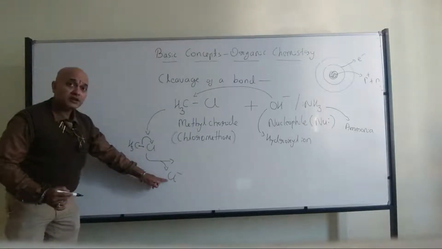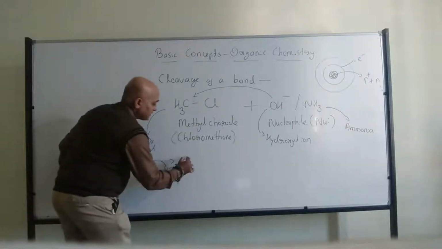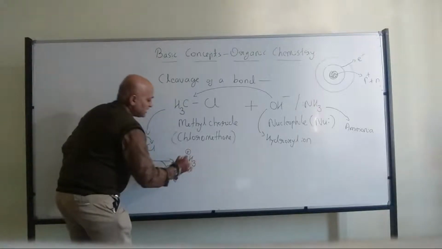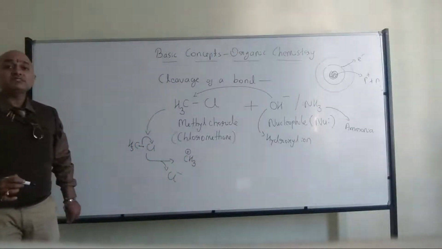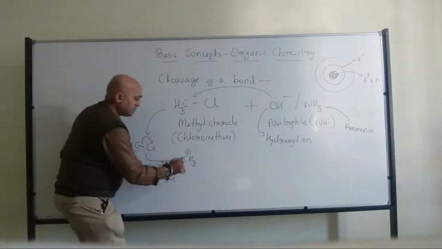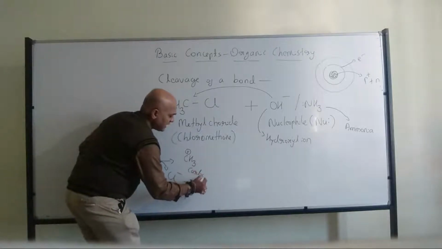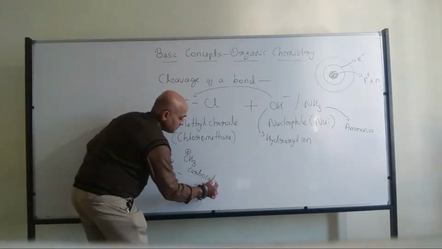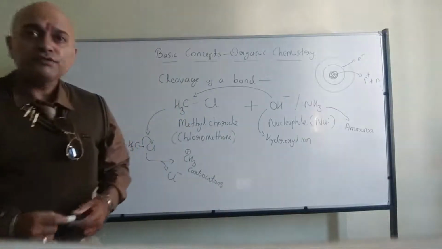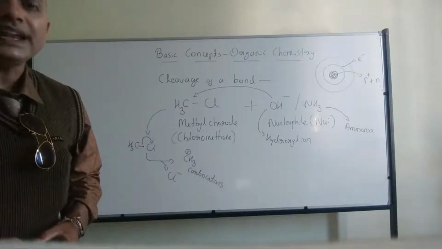Now what will happen to this carbon? It will gain a positive charge. Got my point? Whenever carbon has a positive charge, we call it a carbocation. All of you got my point? That's where we have the carbocations.